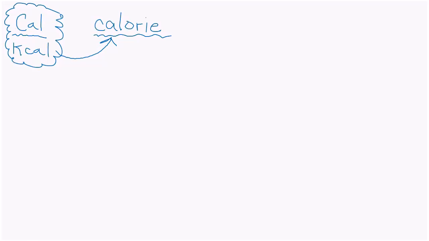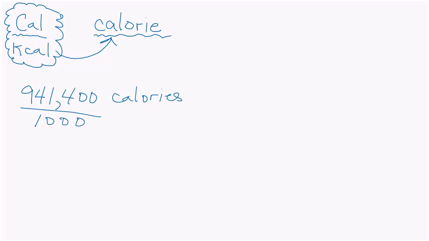So the 941,400, you measured little calories, but in order to convert it, 941,400 little calories with little c, if you divide that by 1,000, oh, we're still not quite there, because it's 1, 2, 3, 4, 5.